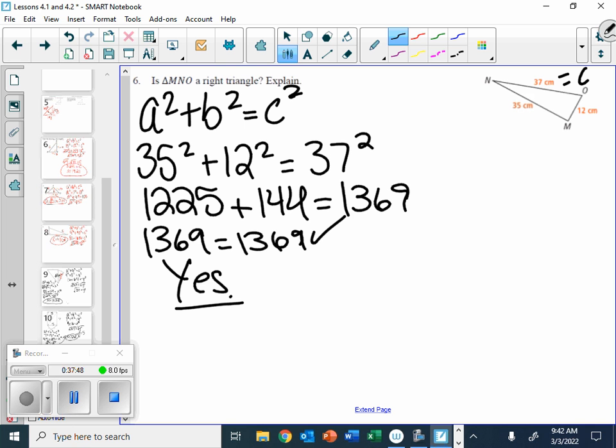Then it asks you to explain your answer. So we use the converse of the Pythagorean theorem, essentially the opposite of the Pythagorean theorem.